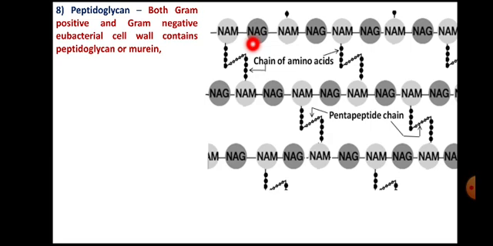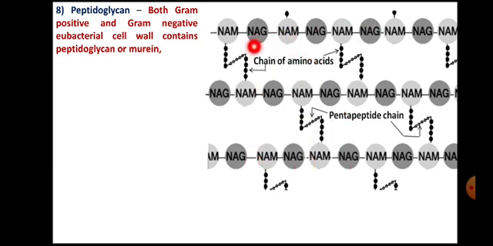So these amino sugars are linked to each other alternately. It forms a straight chain of NAG and NAM. This is another straight chain of NAG and NAM. This is another straight chain of NAG and NAM. In the structure of the gram positive bacterial cell wall, there are hundreds of such layers.